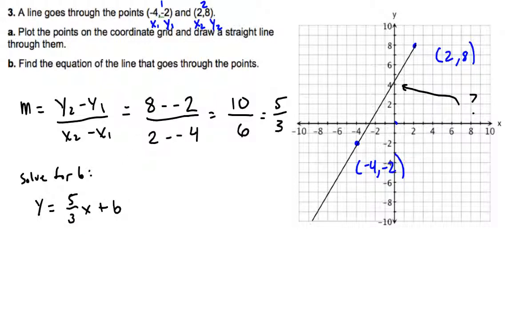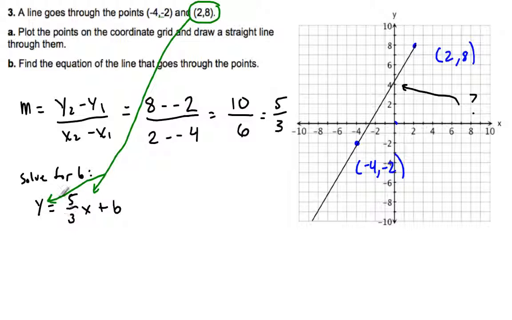What we're going to do is choose one of these points and plug in for x and for y. I'm going to choose 2, 8, for example, and I'm going to plug 2 in for x and 8 in for y.